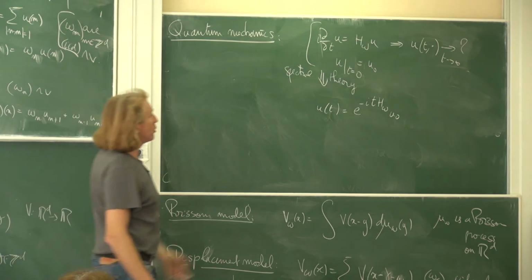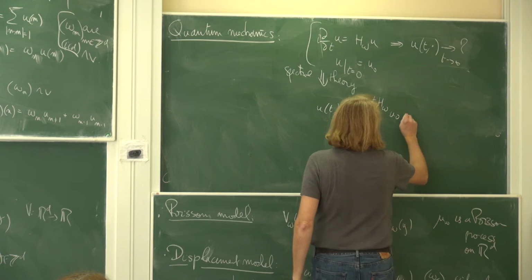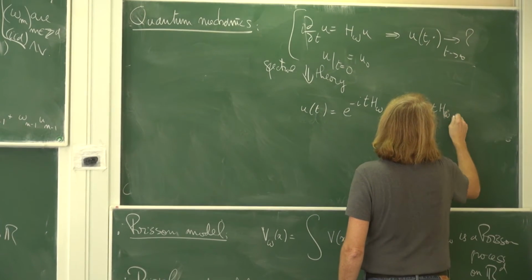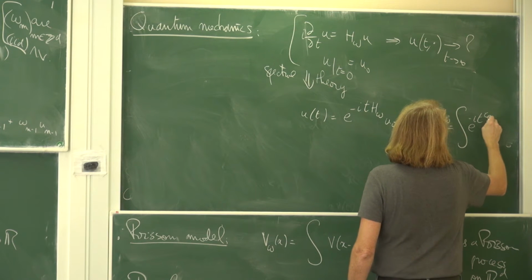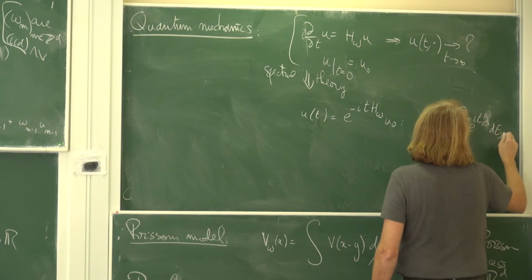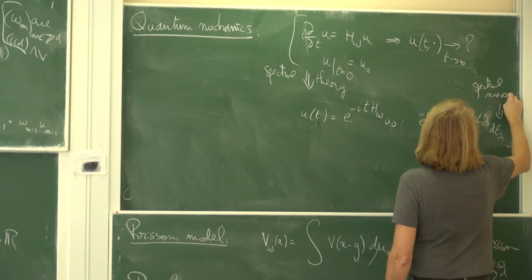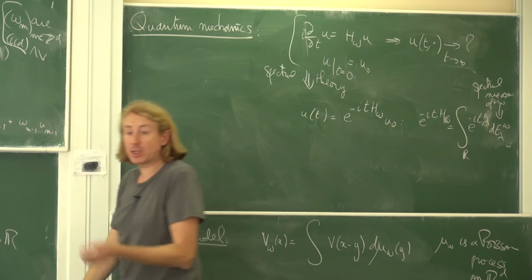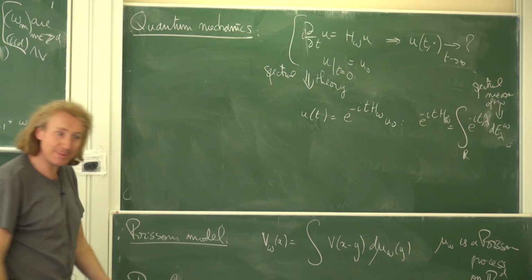So you'd like to understand how this behaves. But the other step is that e to the minus itH omega is just the integral of e to the minus it lambda over the real line, and here what you should put is what is called the spectral measure of H omega. So this is also a random variable, but it's a projection valued measure, which is random in omega. So there are already a number of parameters in there.